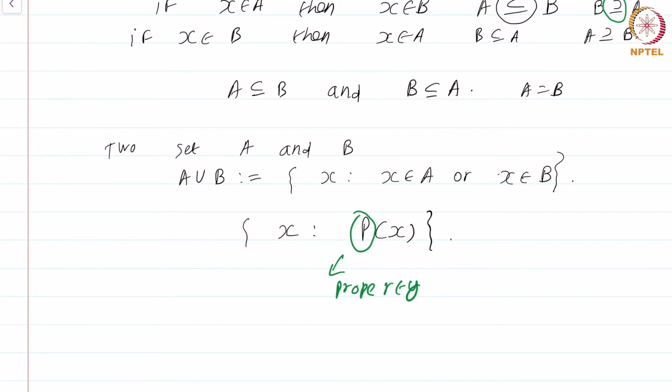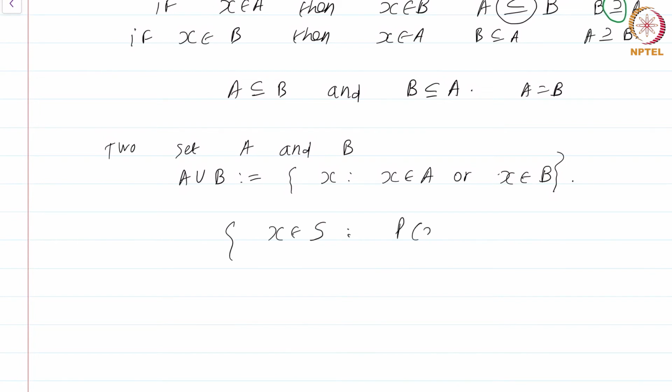So when more precision is required, we will often mention this set explicitly. Instead of just writing x such that property of x is true, we will sometimes denote the set on which the property is defined as S and write the notation as x in S such that property of x. This is to be read as the subset of those elements of S such that the property P holds for that element x.